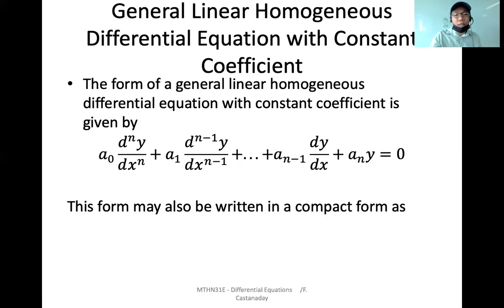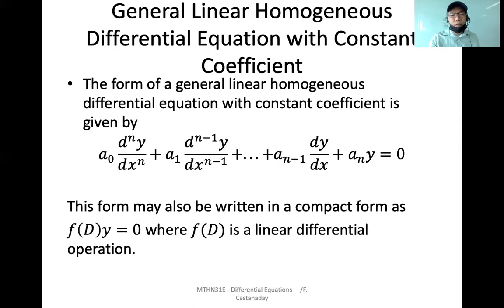So to avoid that, we can transform it into a compact form utilizing the differential operator. So f of D of y is equal to 0. The y is written there to indicate that y is the dependent variable. It is a linear operator, a linear differential operator, this f of D.